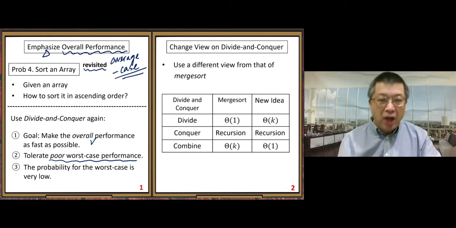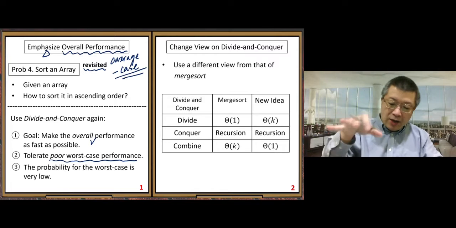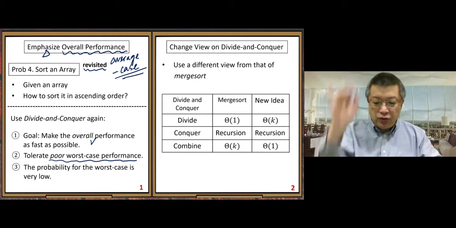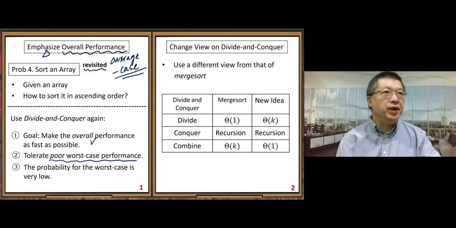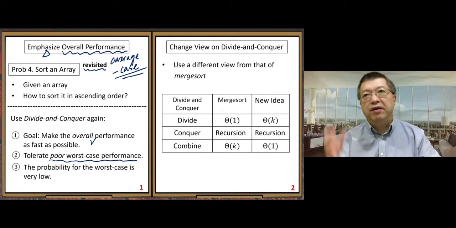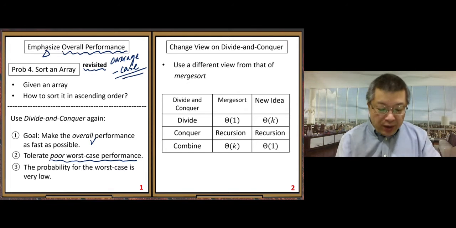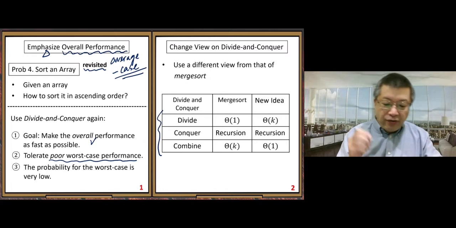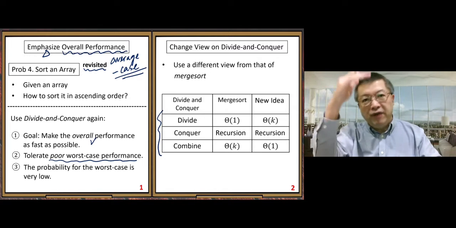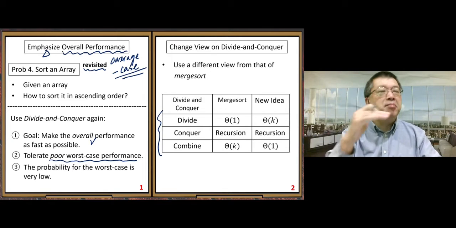In this table, there are 2 columns. The first one is merge sort. The second one is the new idea we want to take for this new sorting algorithm. When we do the comparison, we want to look at these 3 categories: divide, conquer, and combine.